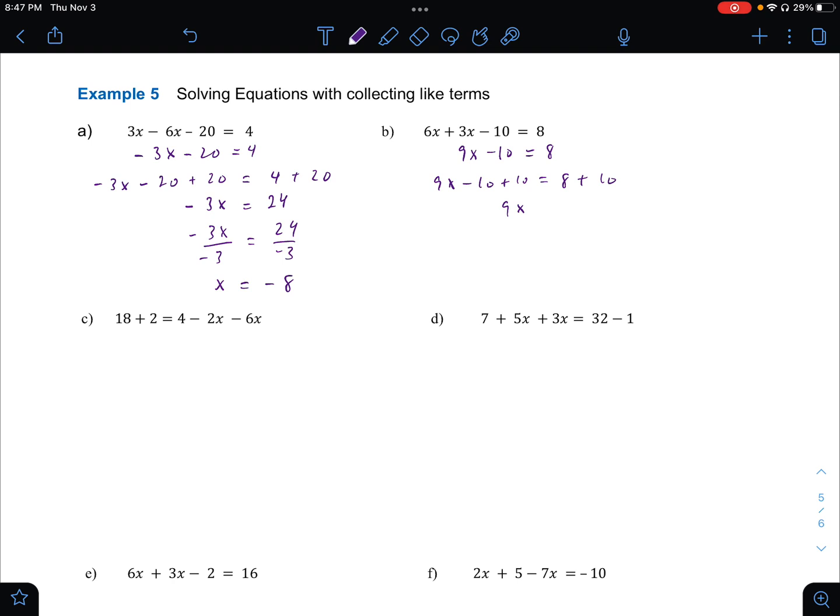And on the left side, we're going to have 9x is equal to, and on the right side, we're going to have 18, 8 plus 10. So what we would do now is divide both sides by 9 to isolate for the x. So 18 divided by 9. So x is equal to 2.